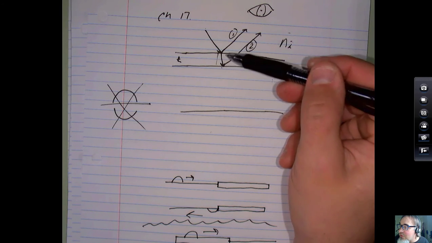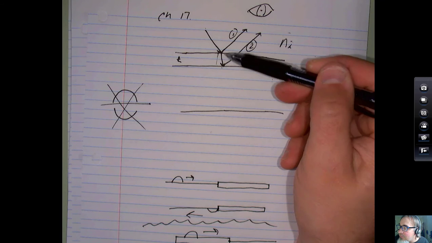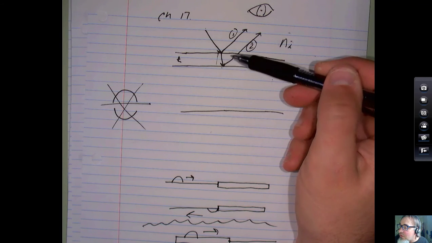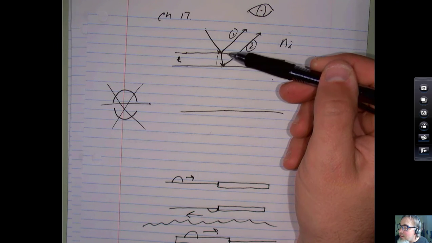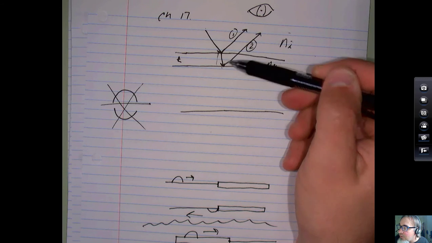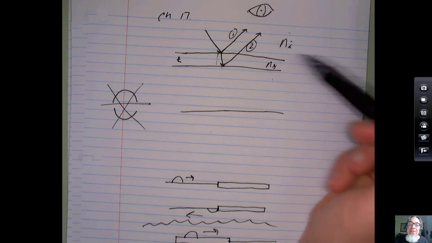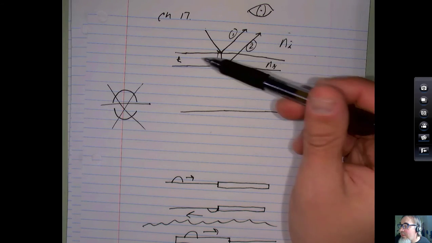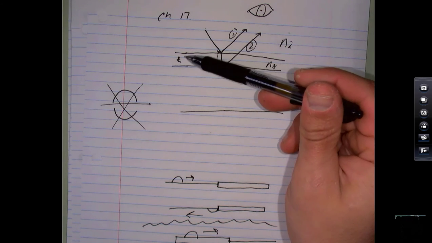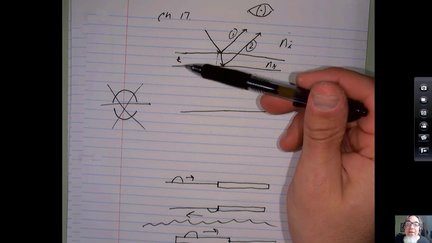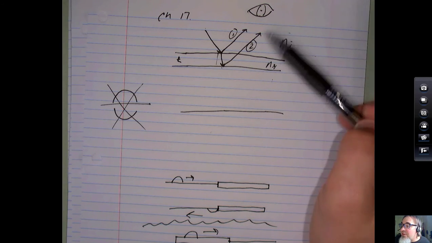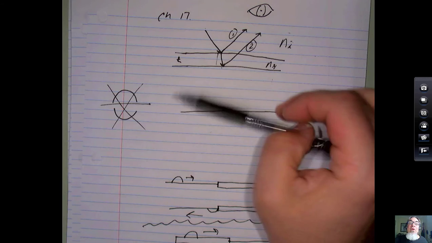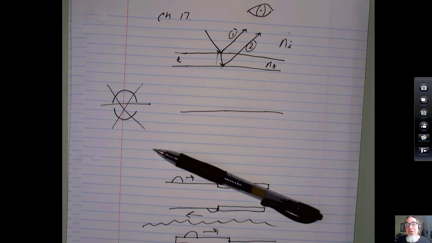In my picture it doesn't look like this path difference is T, but if the film is really thin, this size is practically the same thing as this size. I just have an exaggerated picture here. So we need the difference in path length, which is 2T, to be a multiple of the wavelength to get constructive interference. But we also have to take into account if the one flips upside down or not.